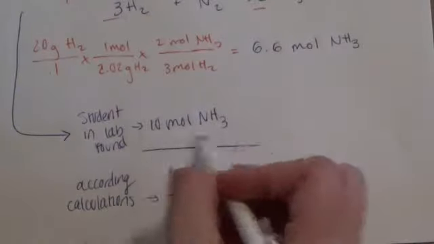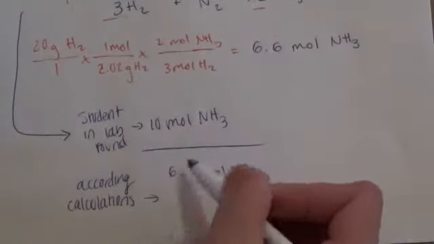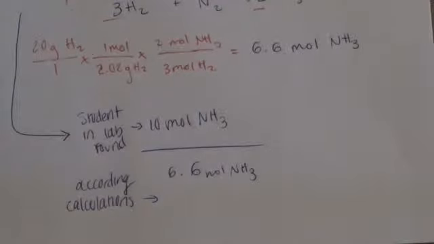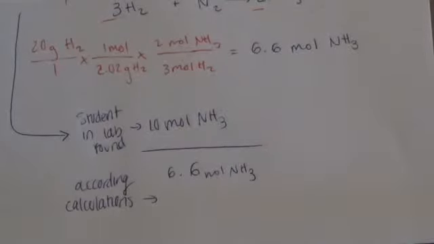So usually the number on top is going to be slightly smaller because in some reactions or due to faulty technique in the lab, you're going to actually produce less than what you would in an ideal lab situation.